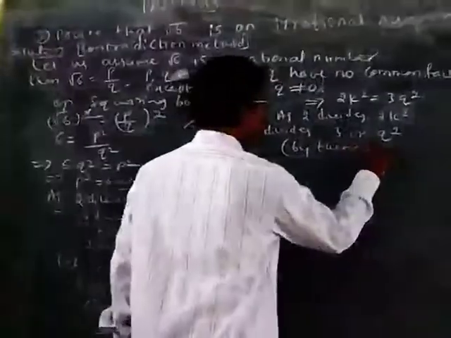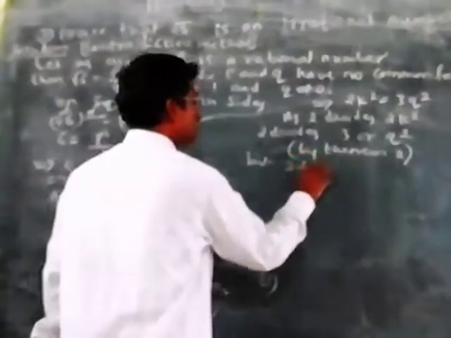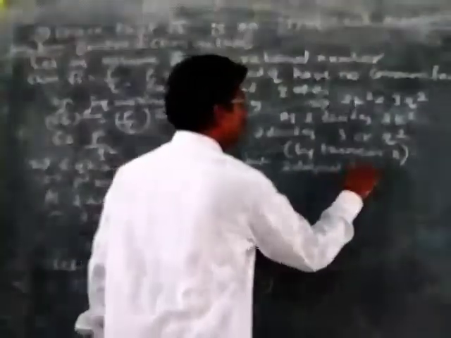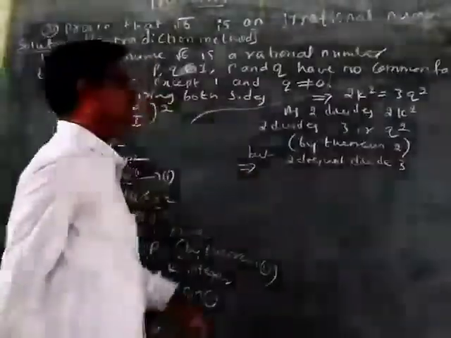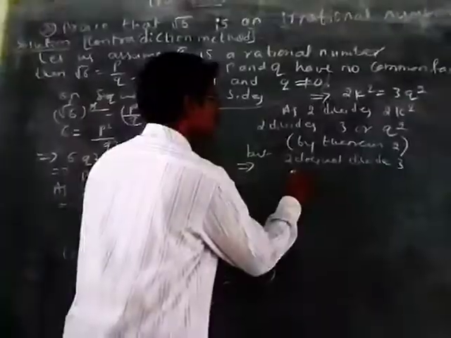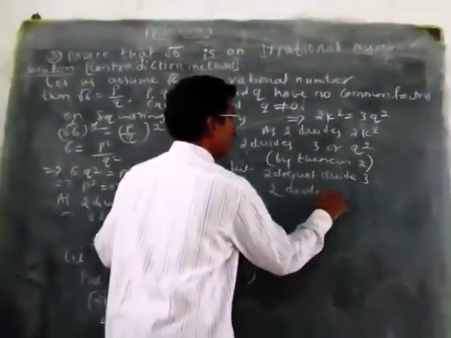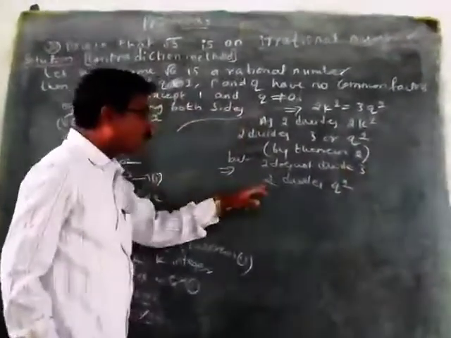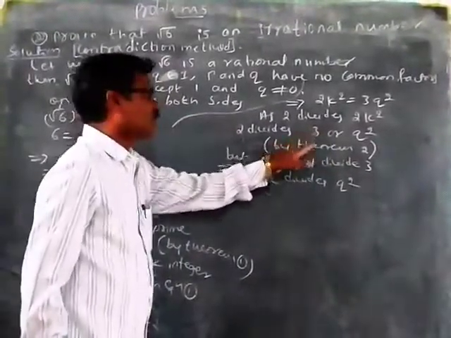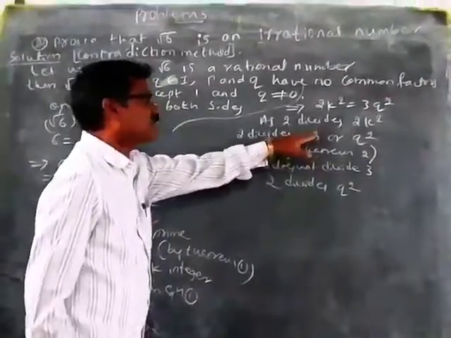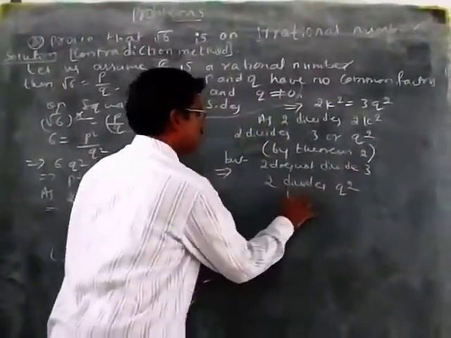By theorem 2, but 2 does not divide 3. This implies that 2 divides only Q square, but not 3. According to theorem 2 it divides, but we cannot consider that 3. We consider only that 2 divides Q square.